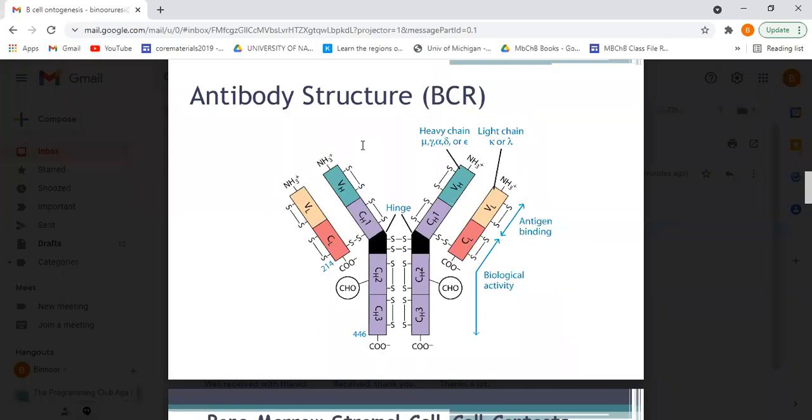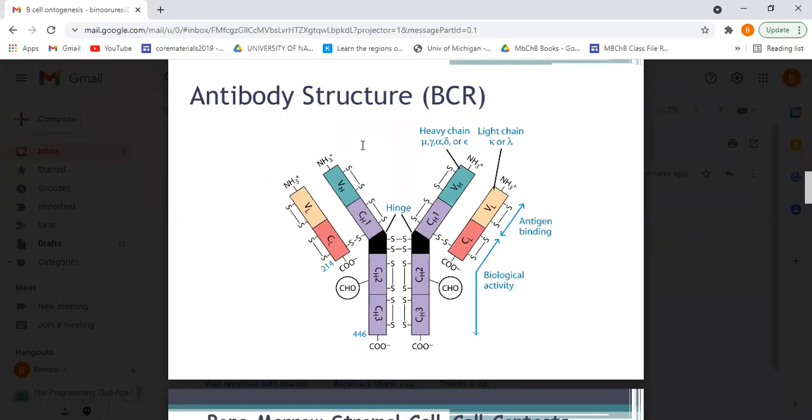Now the B cell receptor, BCR, is an immunoglobulin that you find on the surface of the B cell. So this immunoglobulin has to go through the process of recombination or gene rearrangement, and that gives it the proper way that it can interact with antigens.